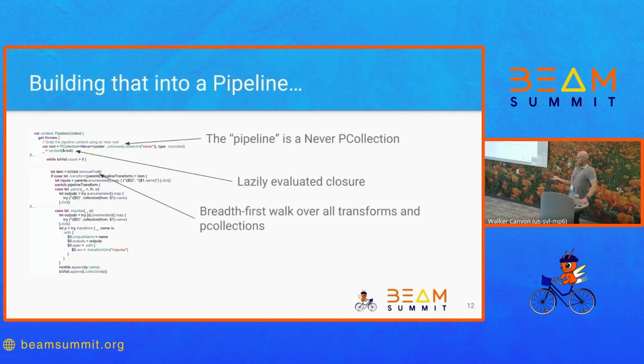We do the same thing at the pipeline level. So in this case, we have pipeline context, which is a struct. When you initialize, this is a little bit of syntactic sugar. When you have a constructor for a class, actually this is a struct, not a class, but structs and classes are pretty much the same thing. The difference between a struct and a class is structs are passed by value and classes are passed by reference.